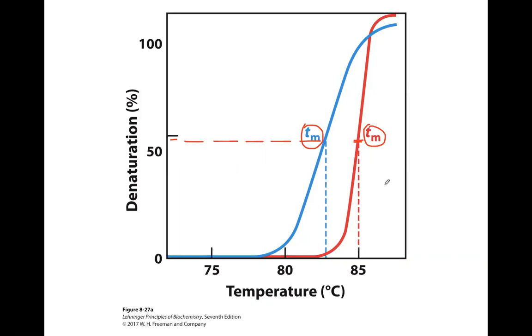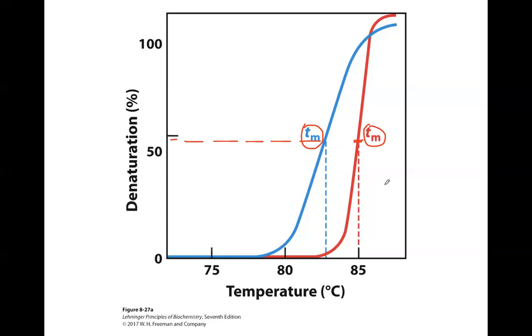And why? Because they're stronger, because it's 3 bonds rather than 2. Right. So DNA fragments richer in GC base pairs will be more stable because there are 3 hydrogen bonds holding the 2 strands together, as opposed to 2 hydrogen bonds holding the AT together, right?